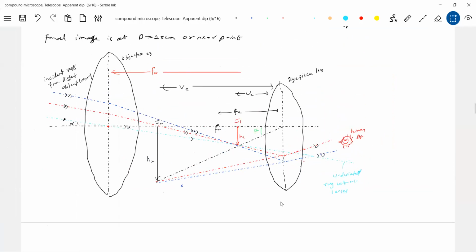This is our topic of discussion. So this VE, what shall I write? Equal to 25 centimeter, or nothing but this will become equal to capital D.